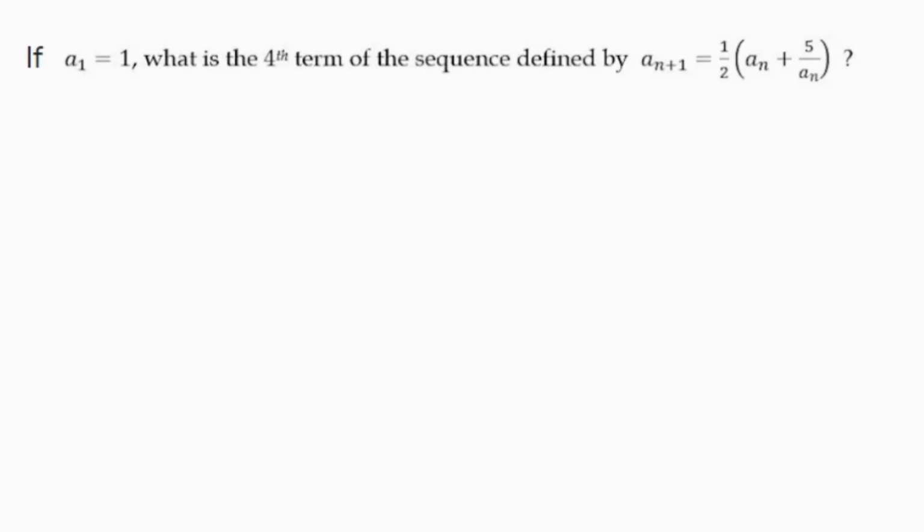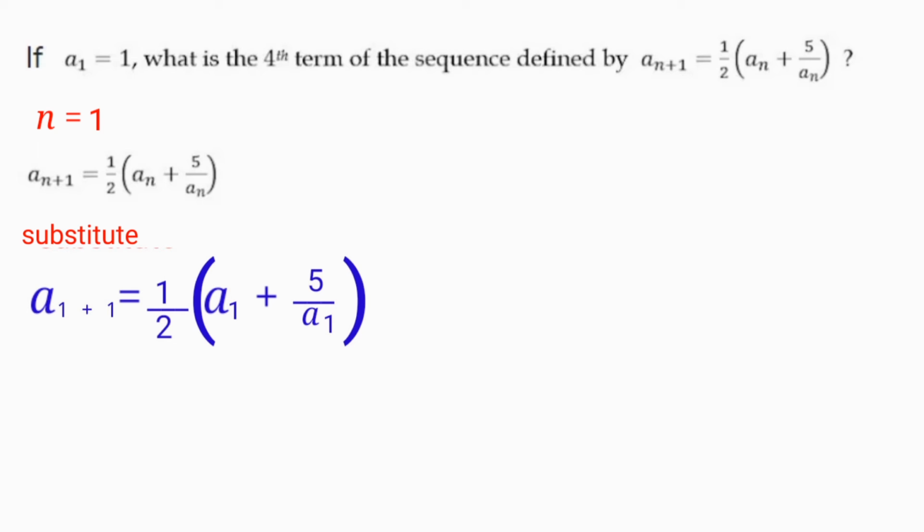If a sub 1 is equal to 1, what is the fourth term of the sequence defined by a sub n plus 1 is equal to 1/2 times the quantity a sub n plus 5 all over a sub n? N is equal to 1, substitute to the equation, a sub 1 plus 1 is equal to 1/2 times the quantity a sub 1 plus 5 all over a sub 1.